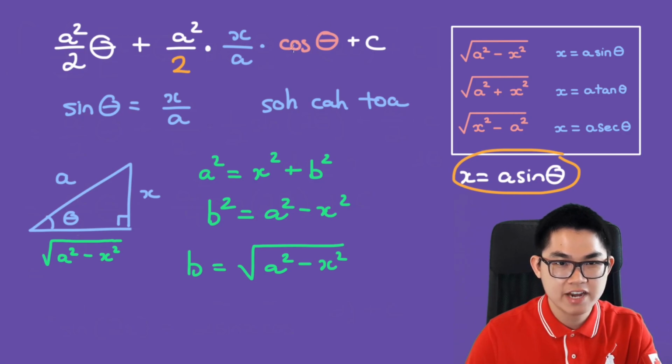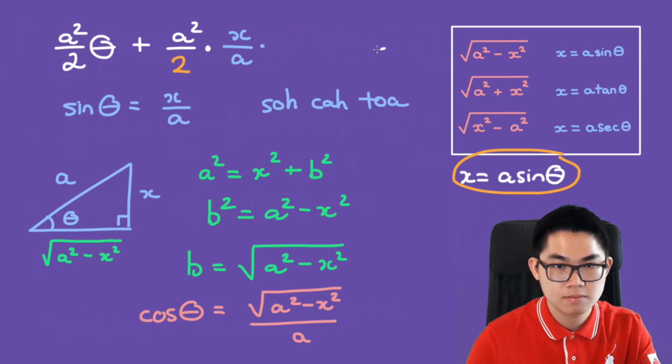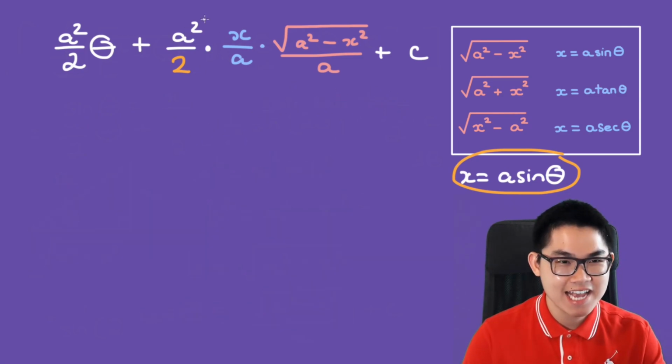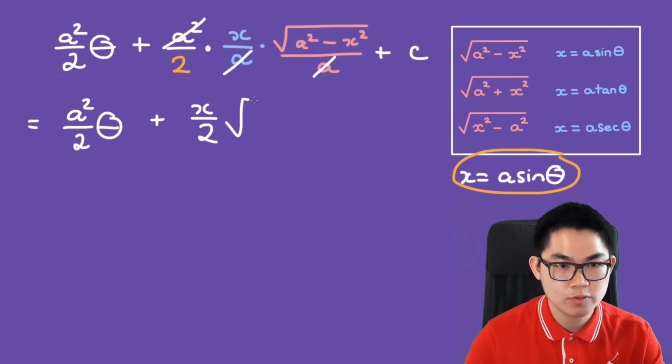So what is cosine going to be? Cosine is adjacent over hypotenuse. Adjacent is the square root of a squared minus x squared, and the hypotenuse is going to be a. As you can see, the a squared will cancel out with the two a's in the denominator, so we have a squared over 2 times sine plus x over 2 times the square root of a squared minus x squared plus c.